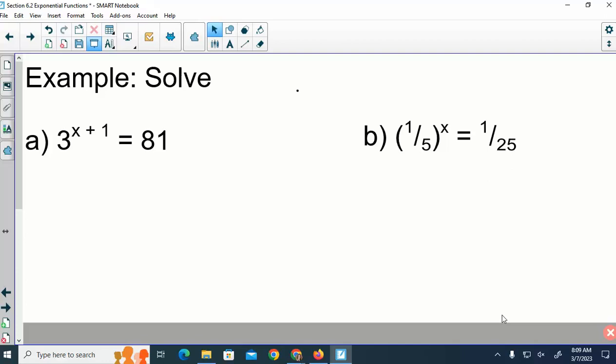If I said 3 to the x plus 1 power equals 81, so we're trying to find x. If we want to use the property, then we have to have the same base on each side. Can you break down 3 at all? No. So that has to stay the same.